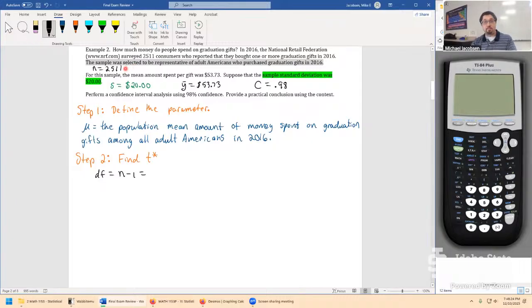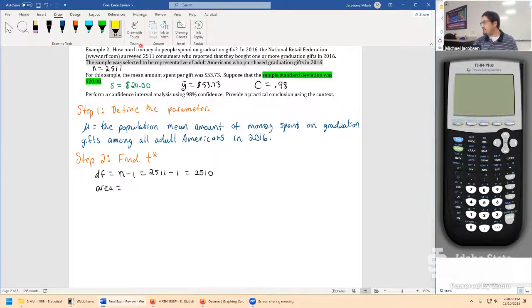Sample's quite large in this problem. The National Retail Federation, I guess they have a lot of money and leverage to really look into this demographic. So it's going to be 2,511 minus 1, 2,510 altogether. After getting the degrees of freedom, the next thing I would calculate is an area, because we're using inverse t in the calculator, and that's one of the inputs it wants.